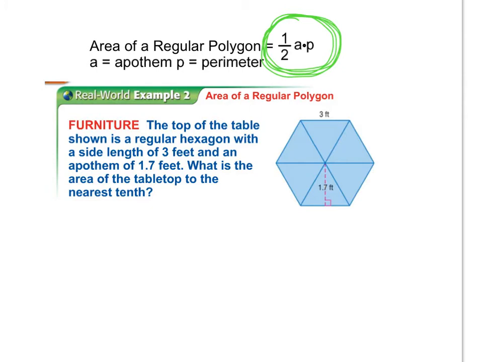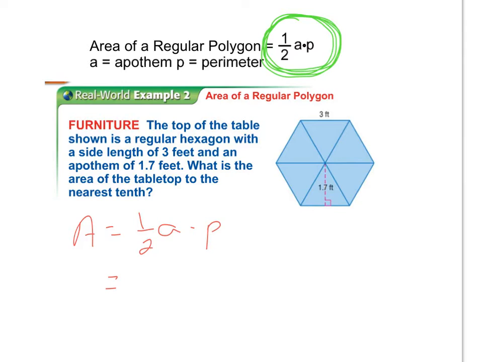We have the top of the table shown as a regular hexagon with a side length of 3 and an apothem of 1.7 feet. What's the area of the tabletop? So I know now that area is equal to 1/2 a, meaning apothem, times p, meaning perimeter.